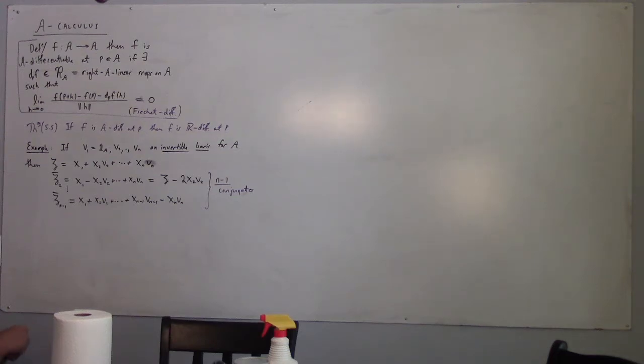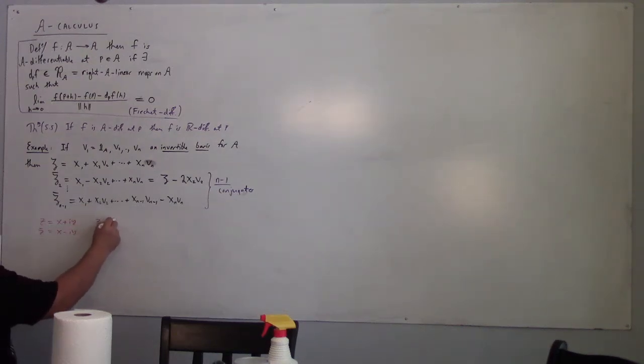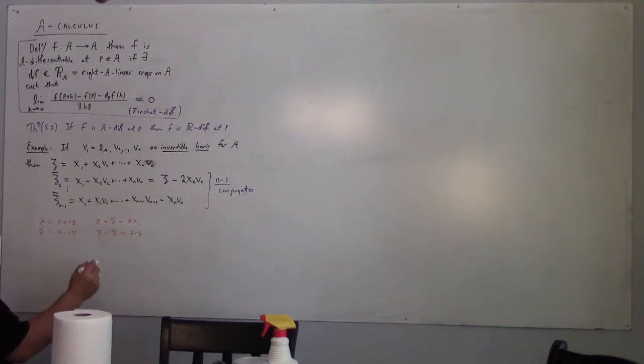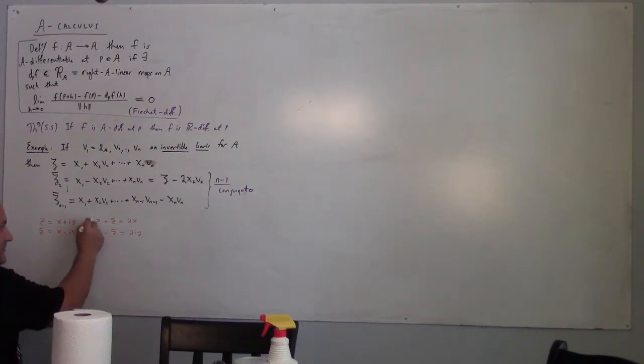Here, a quick sidebar. If we have z is x plus iy, and z bar is x minus iy, then this gives us that z plus z bar is 2x, and z minus z bar is 2iy, right? And so we can divide by 2.